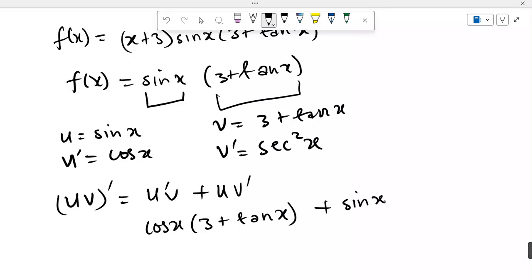Okay, sine x, this is u, and then v prime is sec squared x.